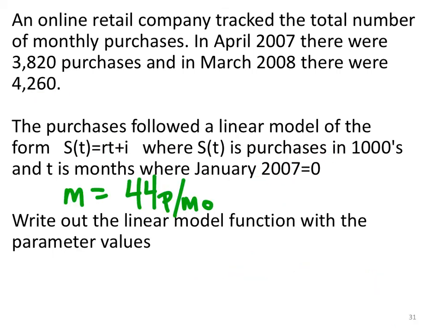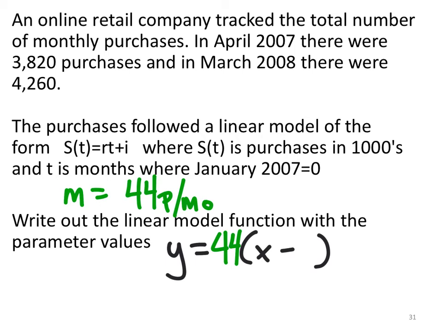So 44 purchases per month. Write out the linear model function with the parameter values. Okay, well, this is going to take us back to point slope form. So we got y equals m, which is the 44 purchases per month, times x minus the x value, plus the y value. So I'll put in the 44 there.